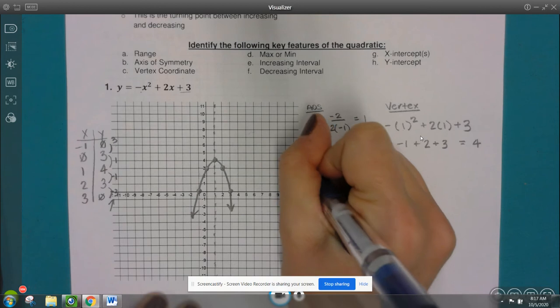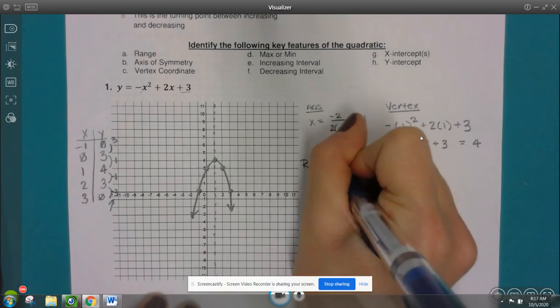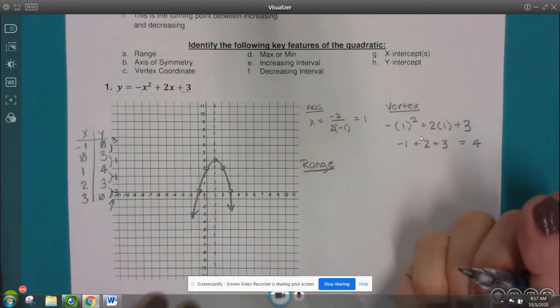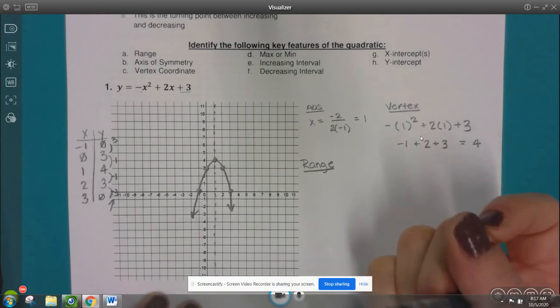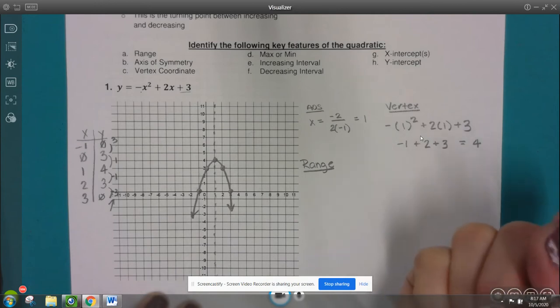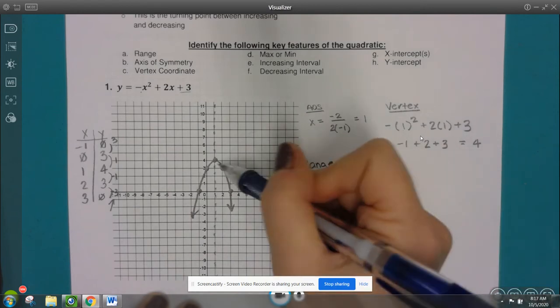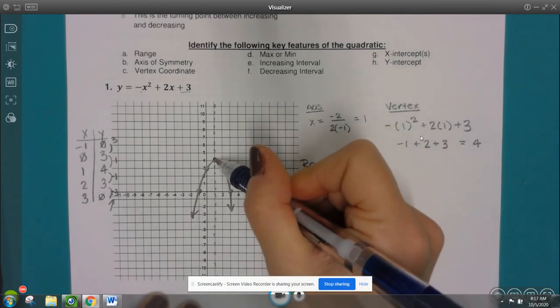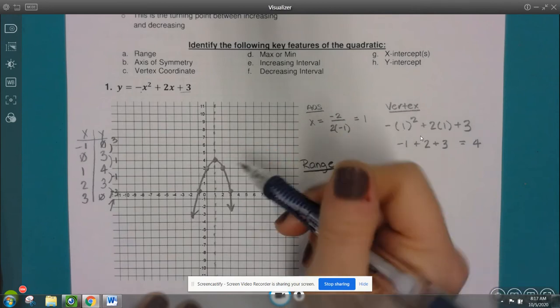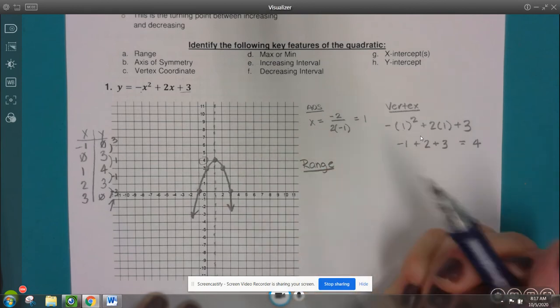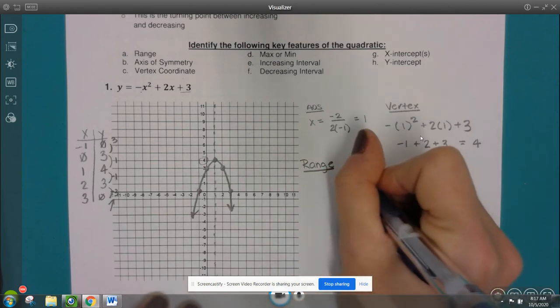So our range is always y values, and it's always based off of my vertex. If I have a maximum, which I do now, it's all of the values that are at or below the y value of my maximum. So here I see that my maximum y value is 4.